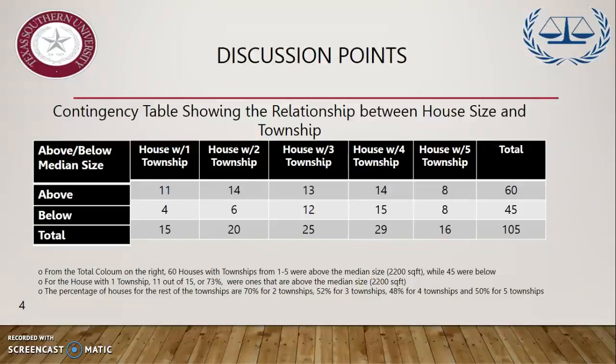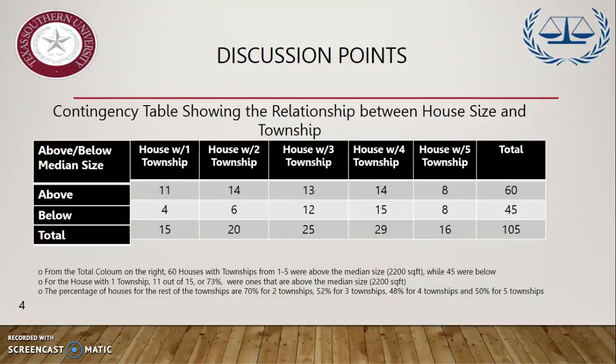So I constructed my contingency table with houses in townships 1, 2, 3, 4, and 5, with houses being one of the variables. For each township, I counted the houses that were above the median size, and also the houses that were below the median size of 2,200 square feet.